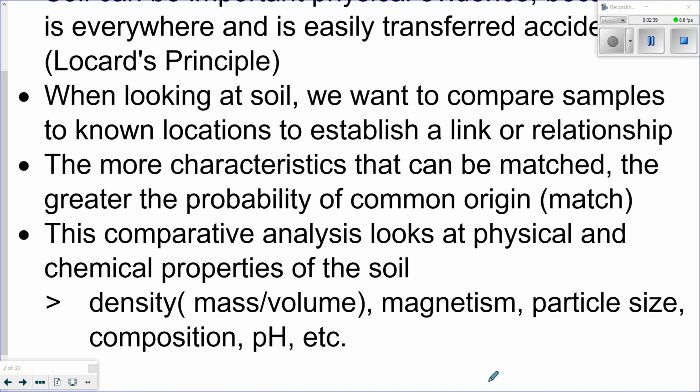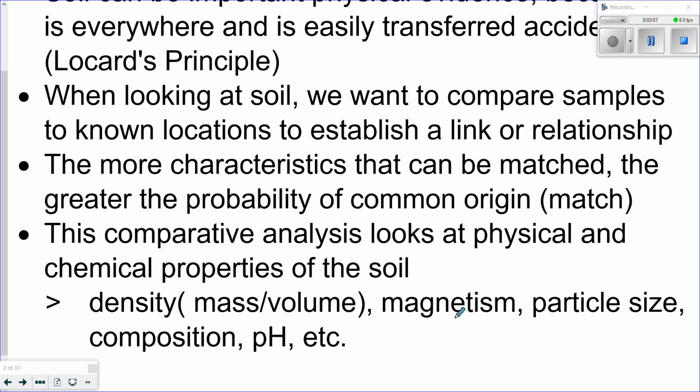So some of the things that we look at would be the density of the soil. Remember, density is the mass over volume of a sample. This deals with particle size as well. Whenever we have smaller particles, it tends to be a more dense sample. Some types of soil, depending on what minerals are in the soil, might have magnetic properties.